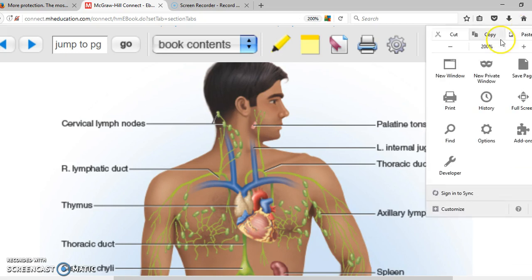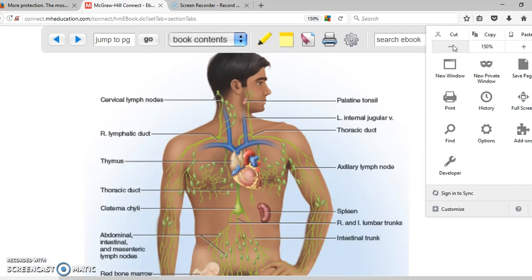You will see in this figure that, again, not only do you have organs, but you also have tissues that are going to be important. So right here, you have lymphatic vessels in green, bone marrow, spleen, lymph nodes right here, quite a few as you can see, as well as the thymus.